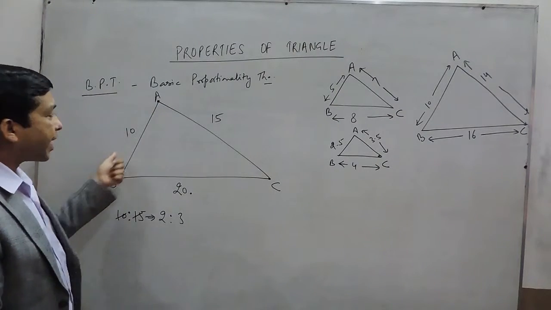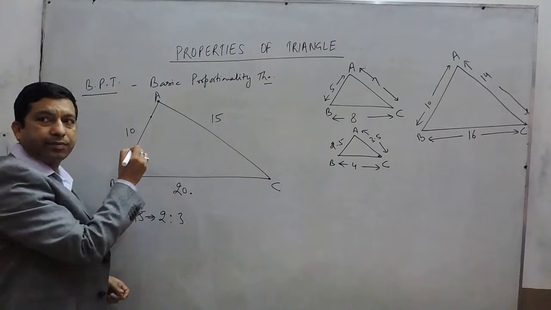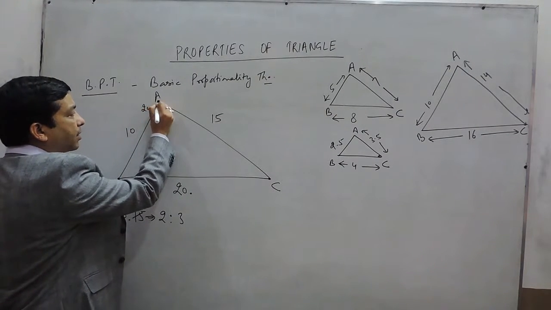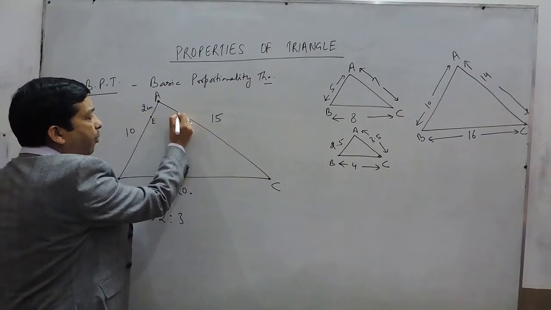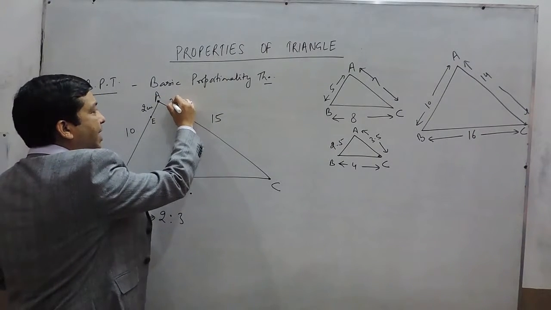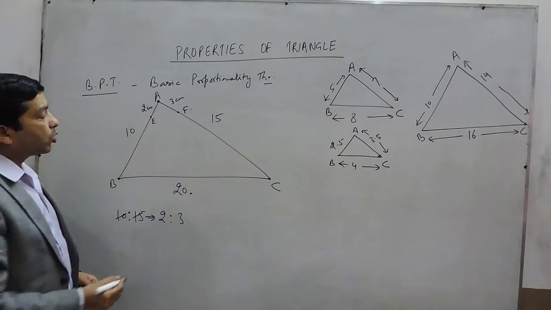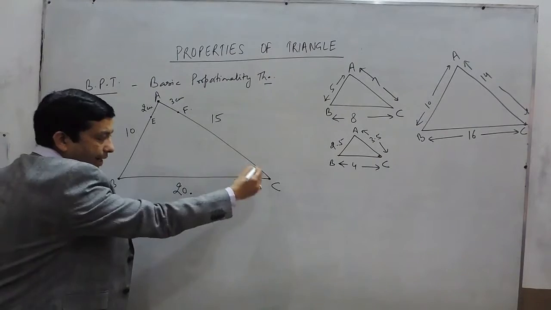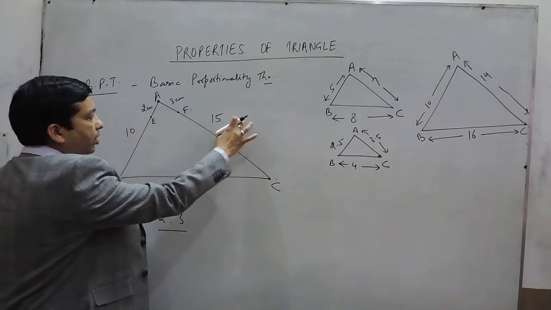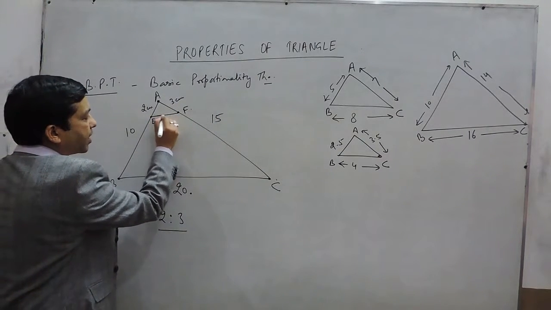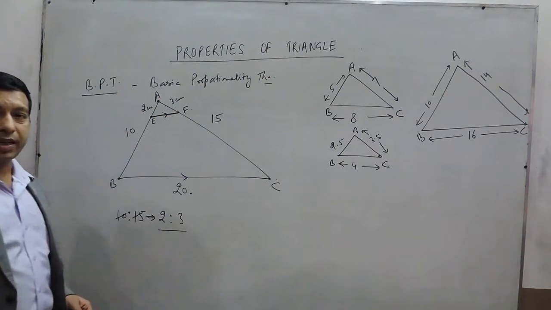So when the ratio of the sides AB and AC is 2:3, it means that if we take a point E which is 2 centimeters from A on AB, and a point F on AC which is 3 centimeters from A, we are taking points on AB and AC in the ratio in which they already exist, 2:3, and we join this line. Then this line is definitely parallel to BC.